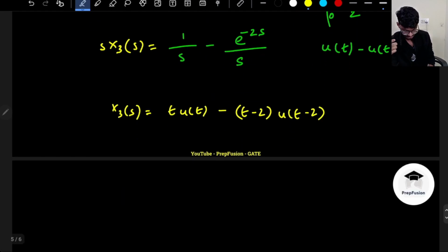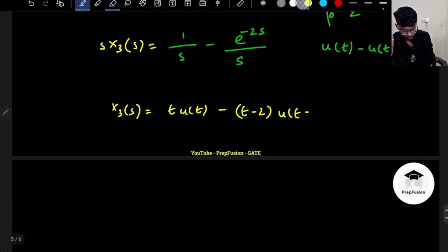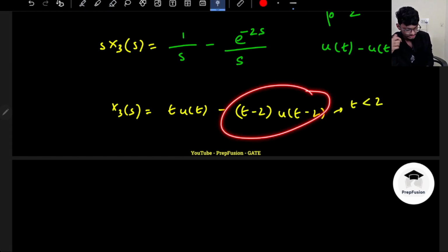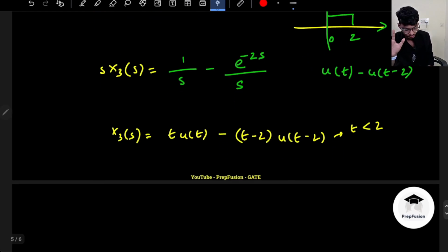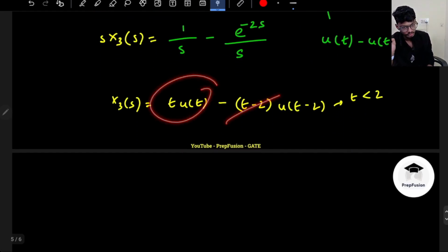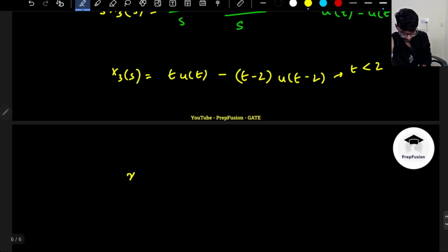Now there can be two things here, right? For t less than 2, this will be 0. Why? Because u of (t minus 2) for t less than 2 will be simply 0. I hope you know this. If this is 0, then my signal will be only this. So basically my x3 of t, this is not x3 of s, this is x3 of t, has two definitions.